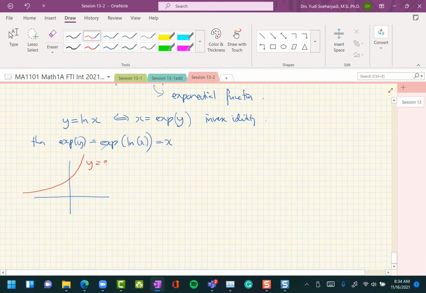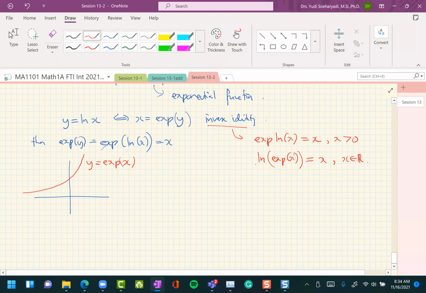So the inverse identity is exp of ln of x is x, and ln is for x positive, and ln of exp of x also equals x, for whatever x, since exp must be positive. So that's our inverse identity.